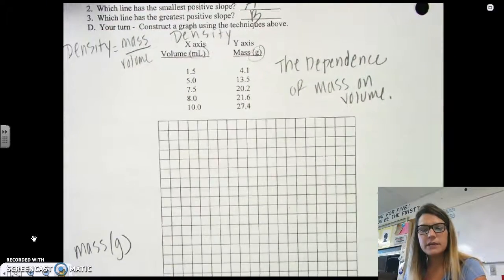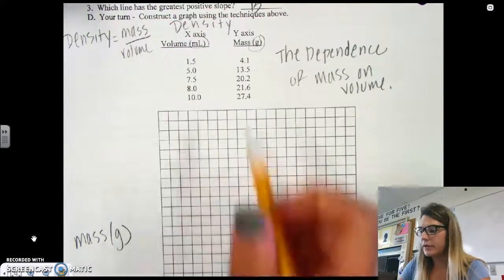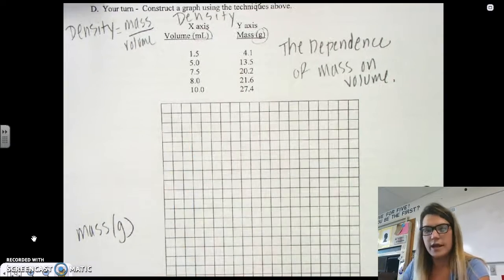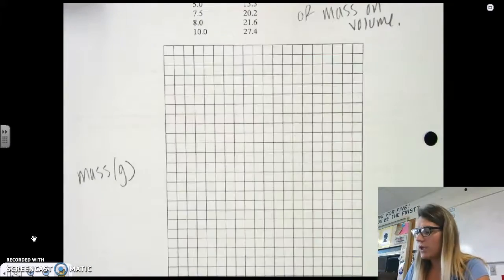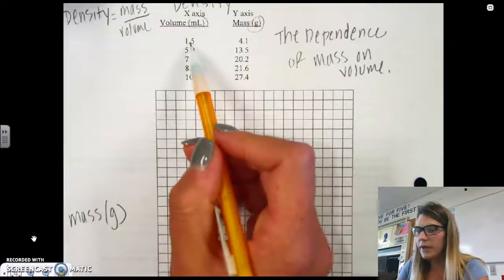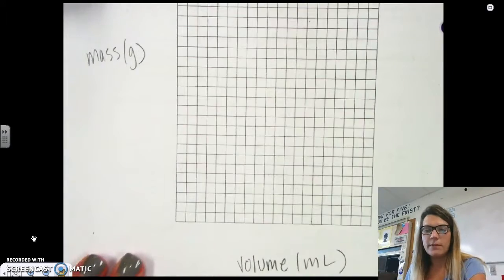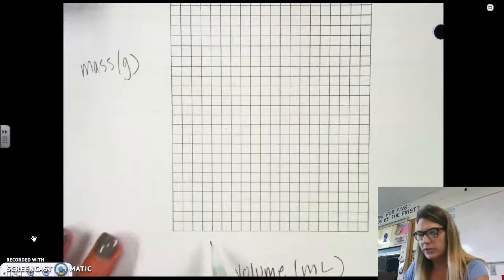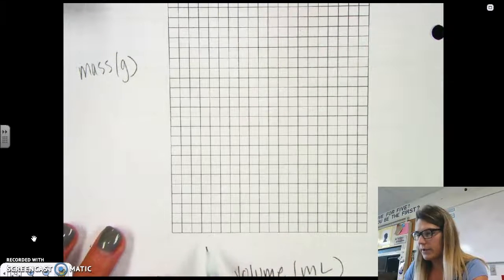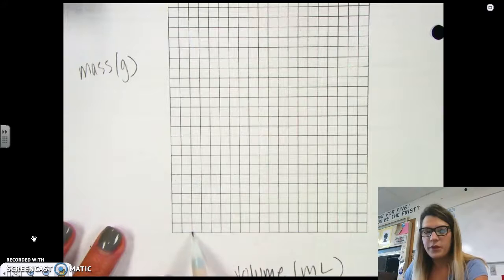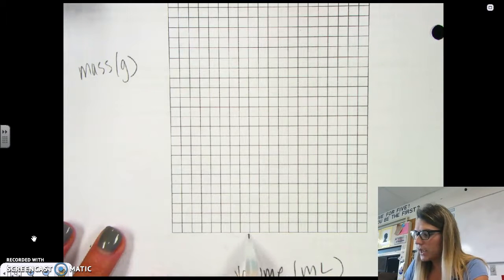All right, next thing we need to do is put numbers on the x and the y-axis so we can start to plot. For volume, I have numbers from 1.5 to 10, and if I count my spots down here, I bet I could go up by 2s to get to 10. Let me make sure: 2, 4, 6, 8, 10. Oh, I have more room, so let's see here.